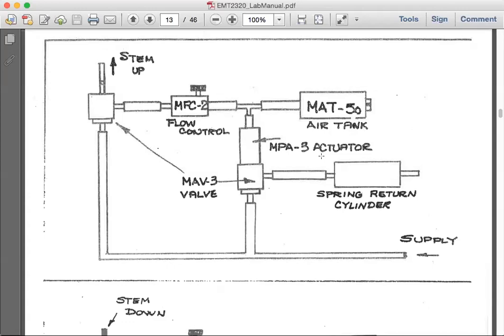So if you look at this stage with the stems up as your initial stage, then you could basically color code this stage as follows: the pressure coming into the system is indicated with color red. So coming from supply, all this hose coming to the bottom of the first three-way valve is red, and this hose coming to the bottom of this valve is red as well.